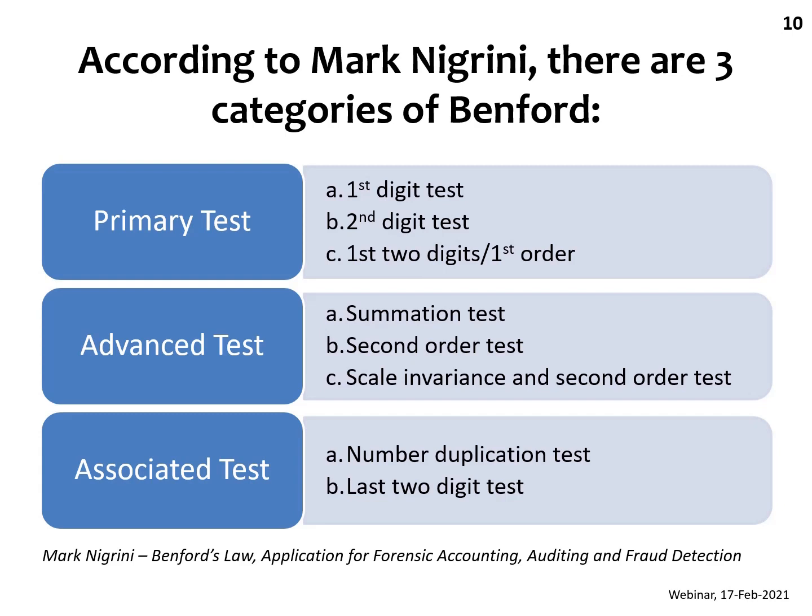The second is the advanced tests, which are the summation test, the second order test, and scale invariance. And the third is the associated tests, which consist of the number duplication test and last two digits test. I'm not discussing all those three tests since I'm also still learning them, but I recommend you read the book by Professor Mark Nigrini titled Benford's Law: Applications for Forensic Accounting, Auditing, and Fraud Detection.